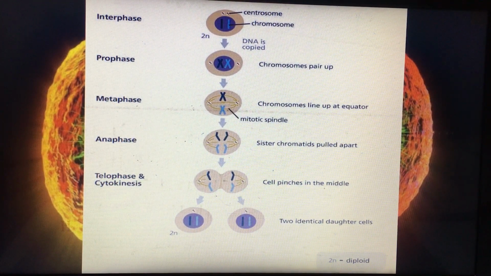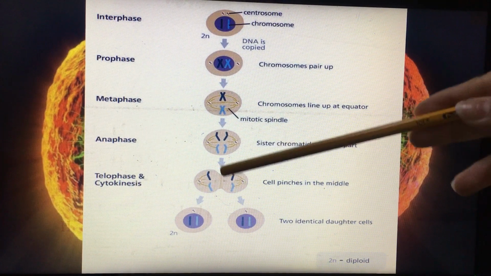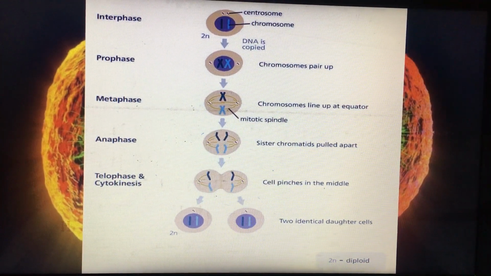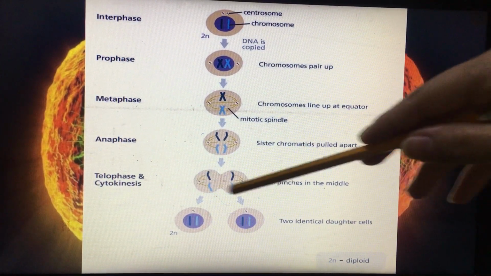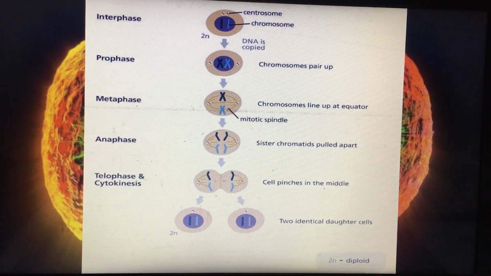After that, the cell membrane pinches in to separate the two sets of chromatids to form two new cells.